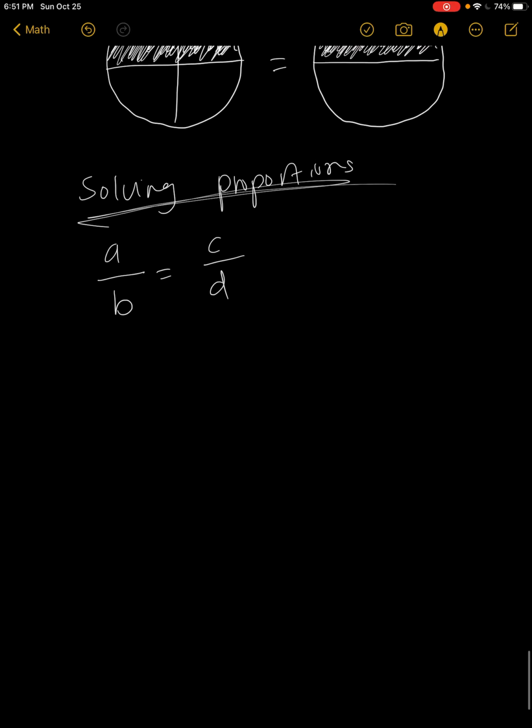You can use this method to solve it. If A over B is equal to C over D, then if you use this rule, A times D equals B times C.